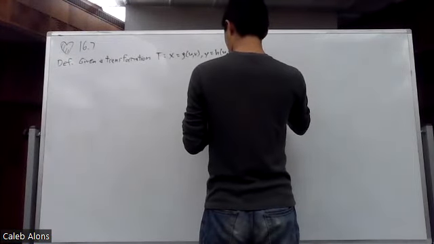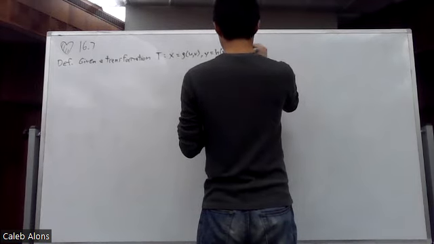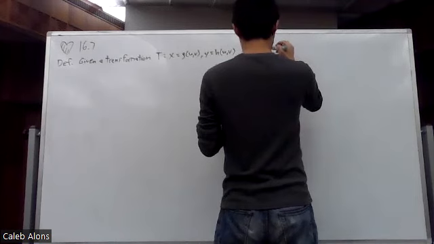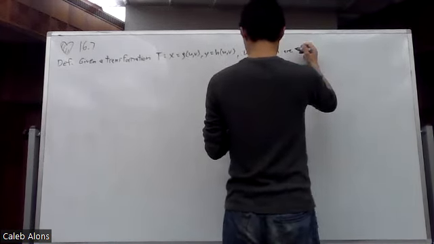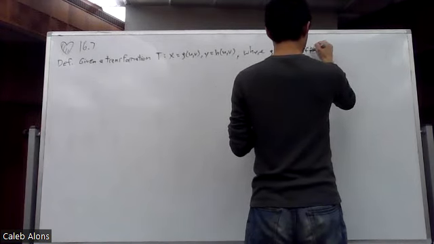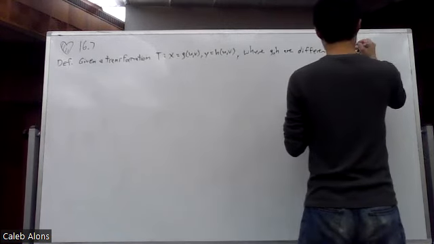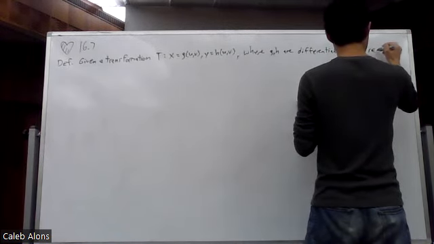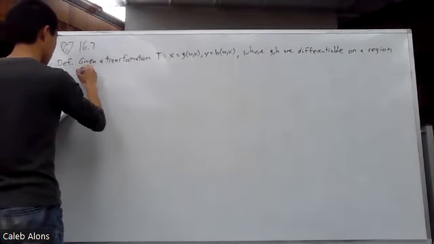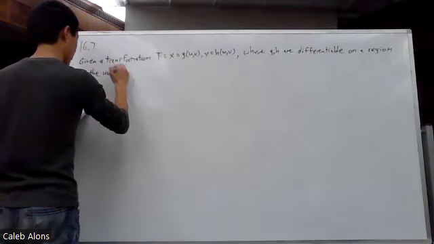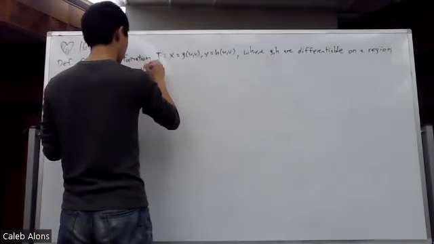So given a transformation where we want to make sure G and H are differentiable on a region of the UV plane, the Jacobian determinant.